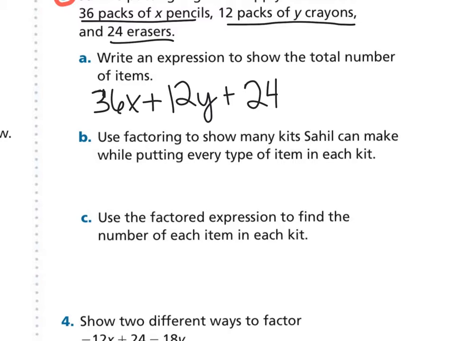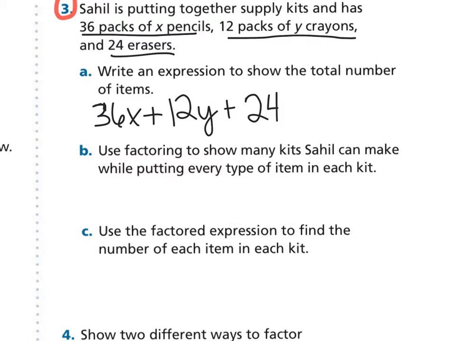So 12 does work, so we're going to be factoring that out. And then we're going to think about what that's going to leave us with inside our parentheses. So 12 times 3x would give us 36x. 12 times 1y, or just 12 times y, would give us the 12y. And then 12 times 2 would give us 24.